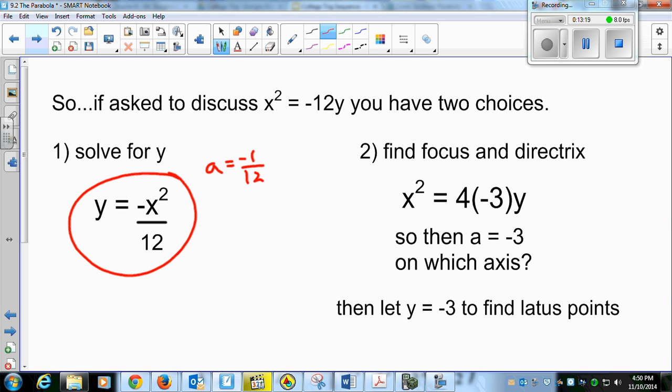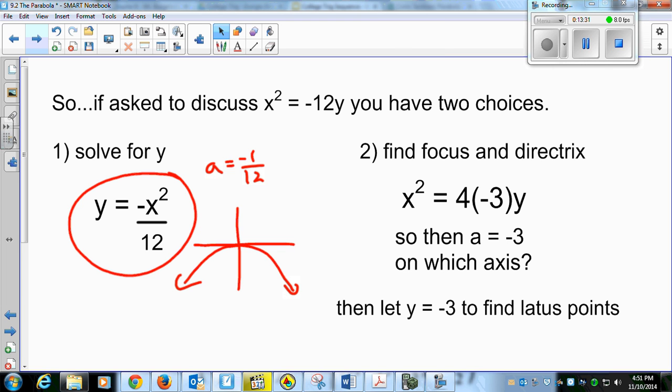So that means I'm going to get a parabola that is facing down and opening up really wide. Okay, if we use the idea of finding the focus and the directrix, you notice that this a value is very different than that a value, but this helps us to tell the distance it is away from our vertex.